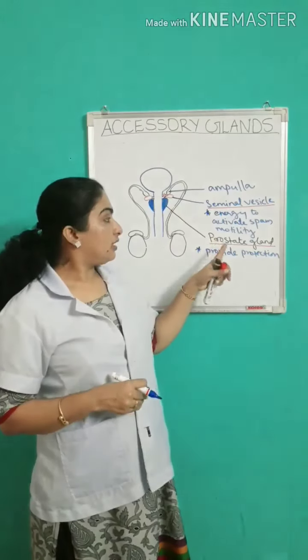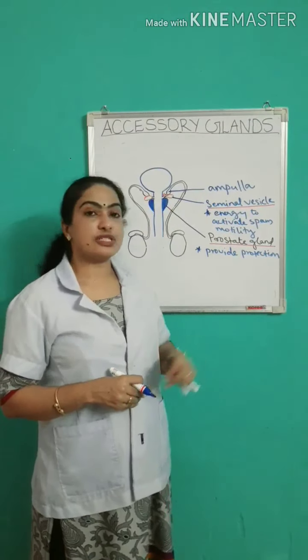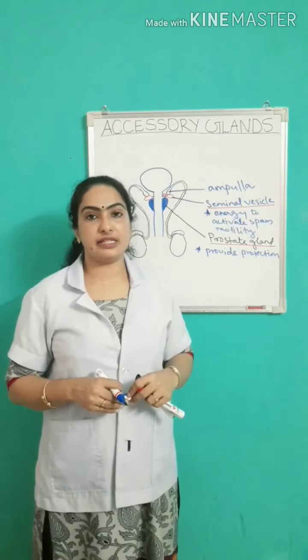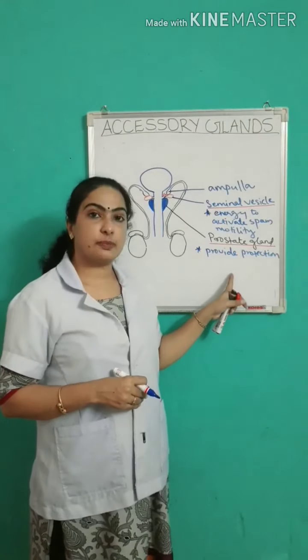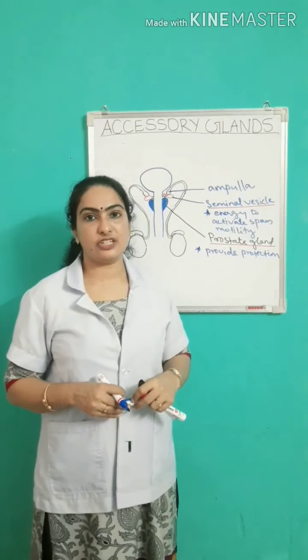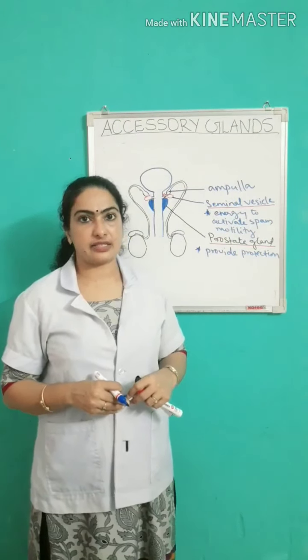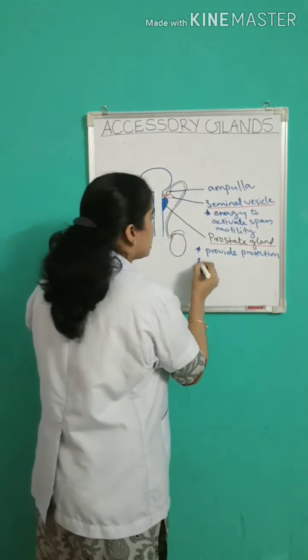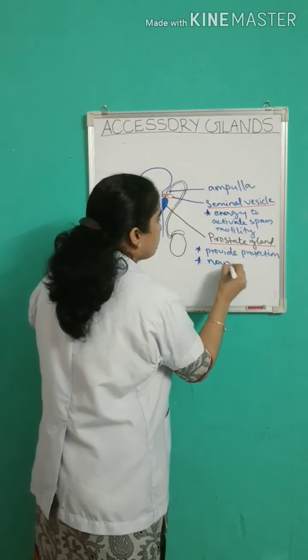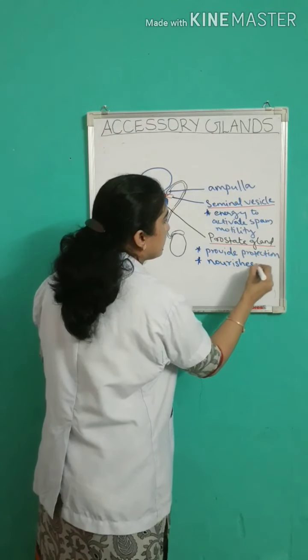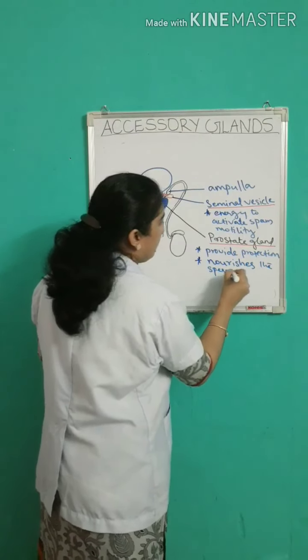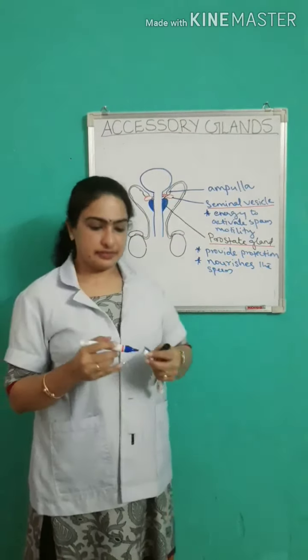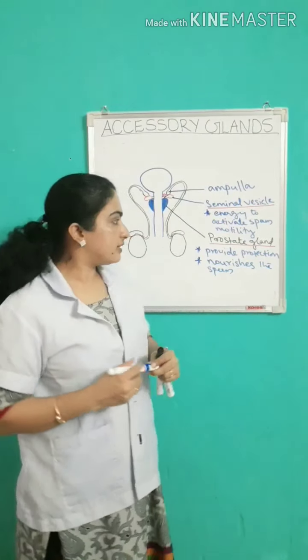So this alkaline secretion of the prostate gland, which contains bicarbonate ions, provides protection to the sperm from the acidic pH of the vaginal tract, and it also nourishes the sperm. So these are the functions of the prostate gland.